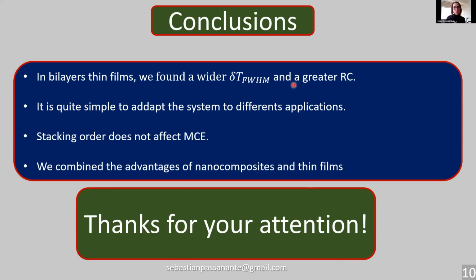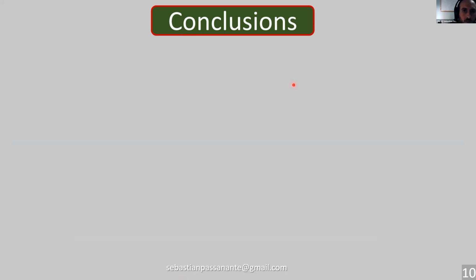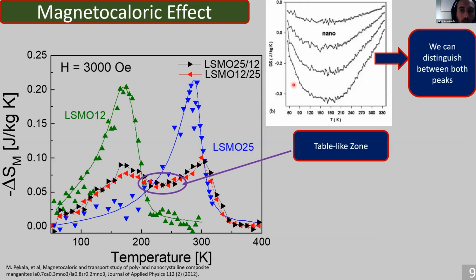It's not clear to me what the nanocomposites are that you are trying to combine with the thin films. I said they are nanocomposite. They are bulk of similar manganites, LSMO and LCMO. The important thing here is that the disorder you have in a nanocomposite doesn't let you distinguish between the two transitions from the different phases.